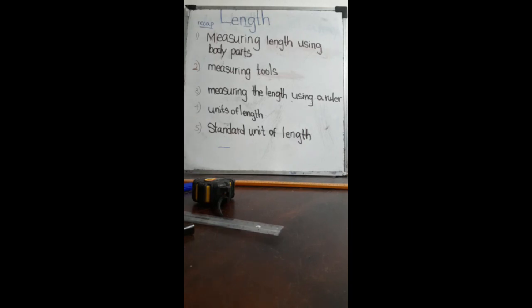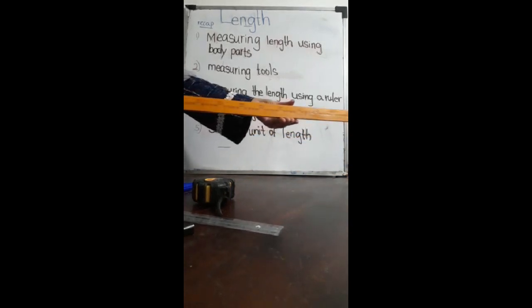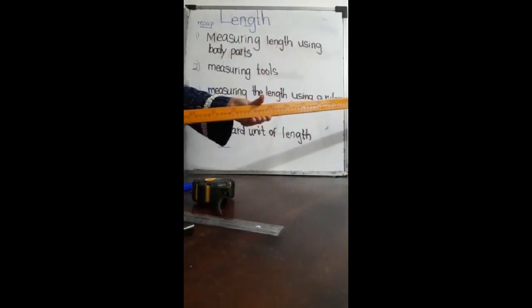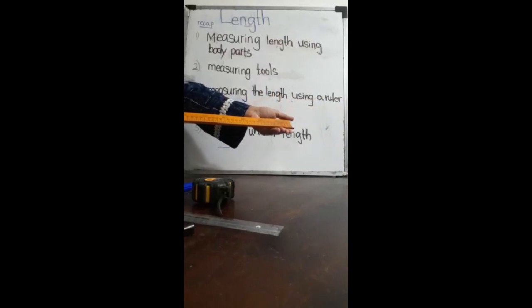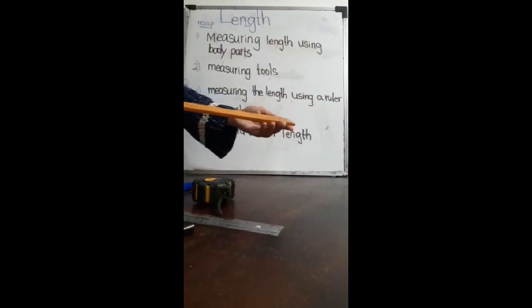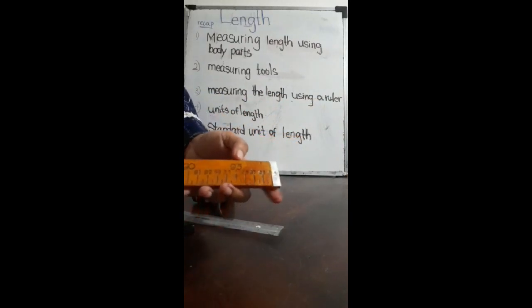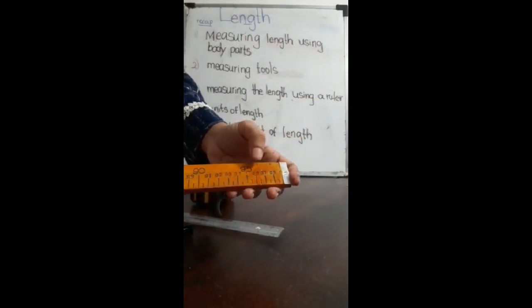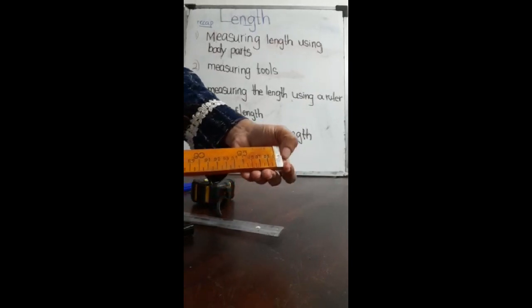Okay. Now, I'm going to show you another measuring tool that is something different. I got it from a textile shop. Have you seen this? What is this? It's a long rod. We call this a meter rod. Wow, it's interesting. How many centimeters are there in 1 meter rod? 95, 96, 97, 98, 99 and 100.